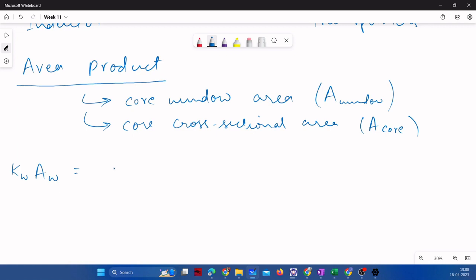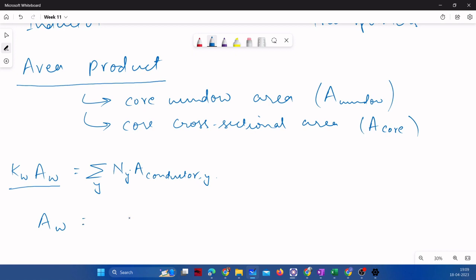It will be equal to the number of turns into the area of the conductor, generally denoted as summation of N into A_conductor. So suppose you have a conductor whose area is A and you have N number of turns. Then if you multiply them and add them, you get the product of window area and window area factor, and generally the window area factor varies from 0.4 to 0.6.